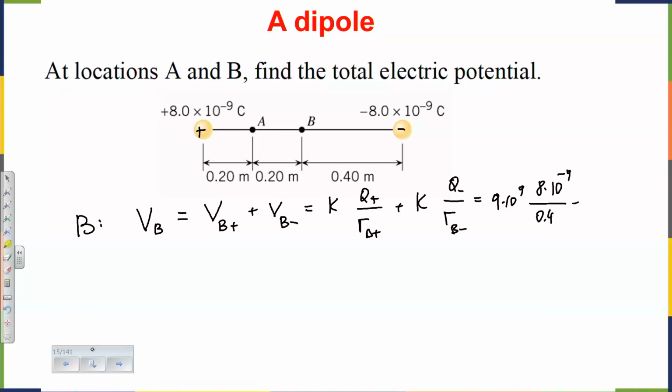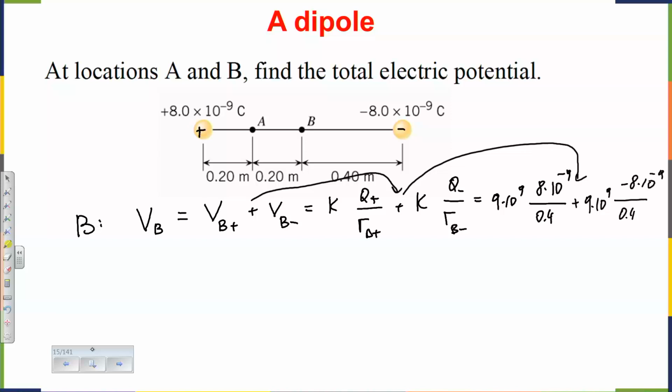Now we need to add. This plus means this plus. What do we need to add? We need to add the electric potential of a second charge generated at the same point B. So the distance now has to be measured from a negative charge to point B.